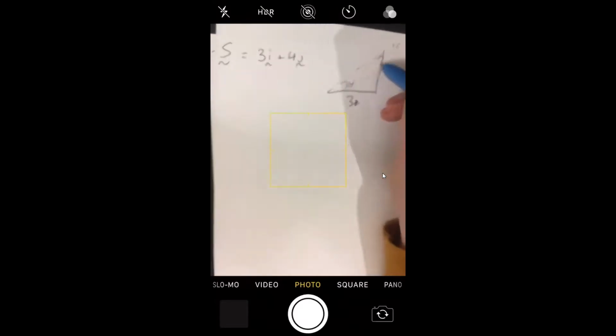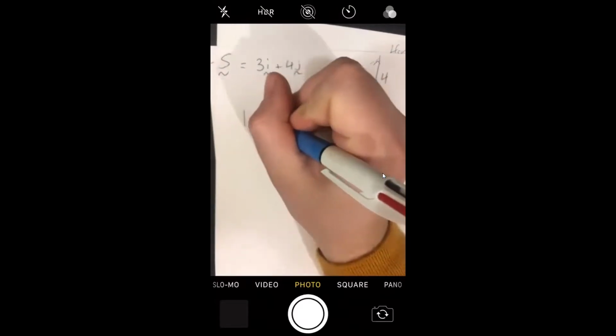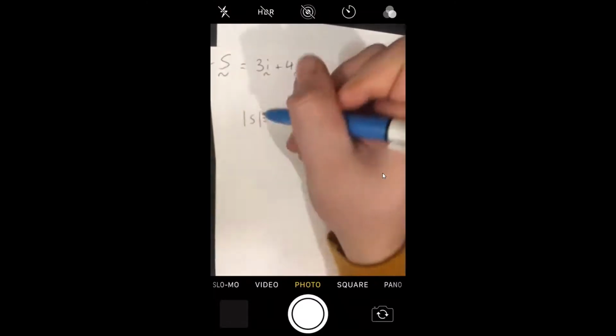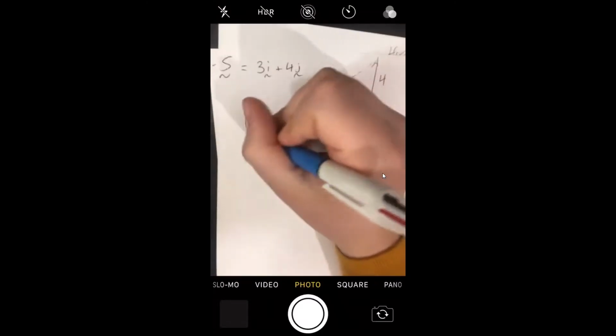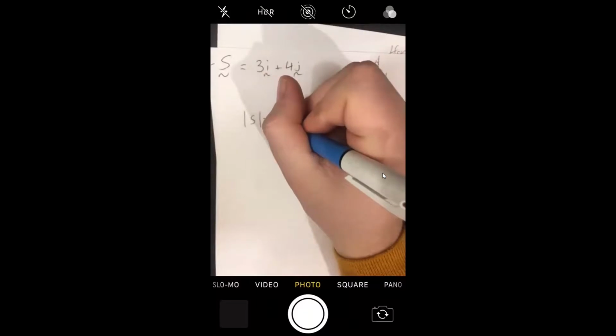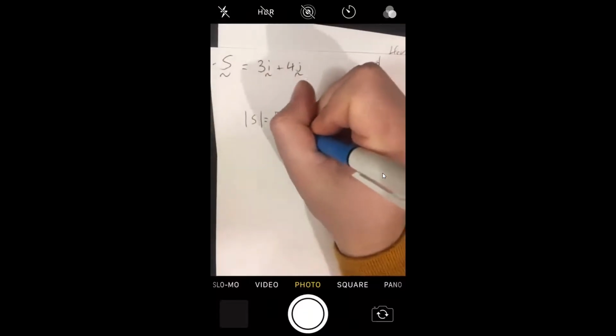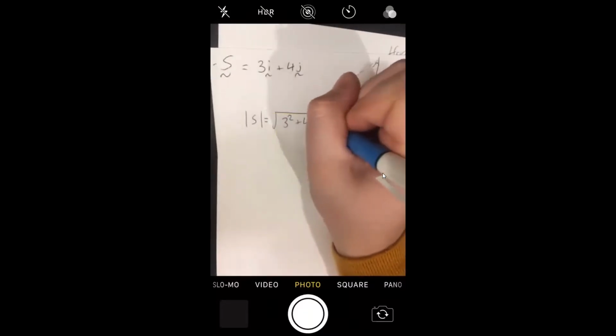So first things first, the magnitude of this vector, in this case the size of S, is equal to the square root of 3 squared plus 4 squared.